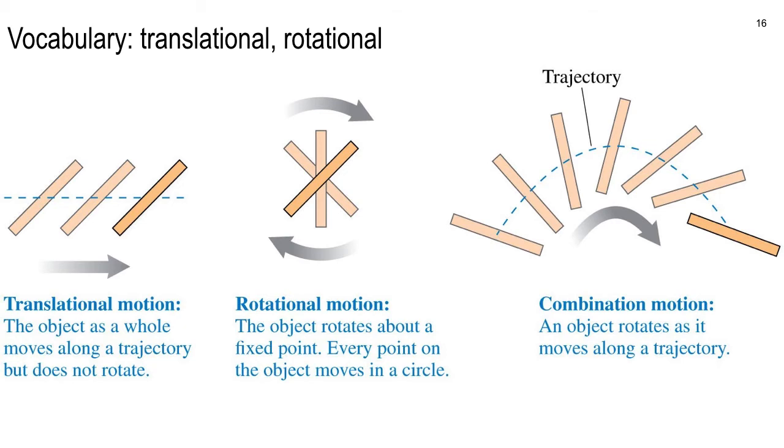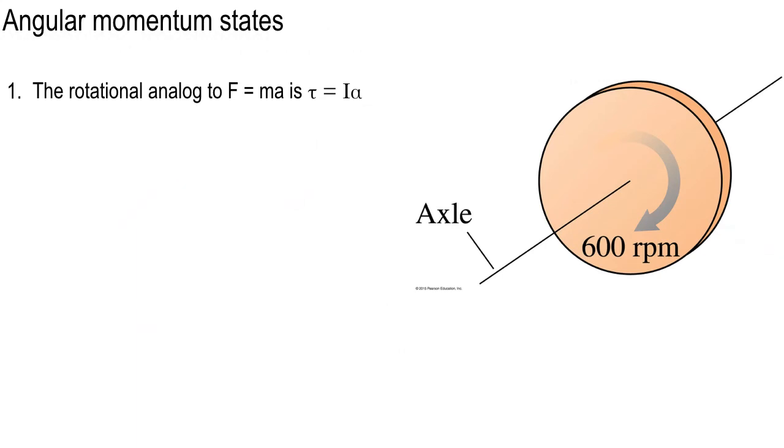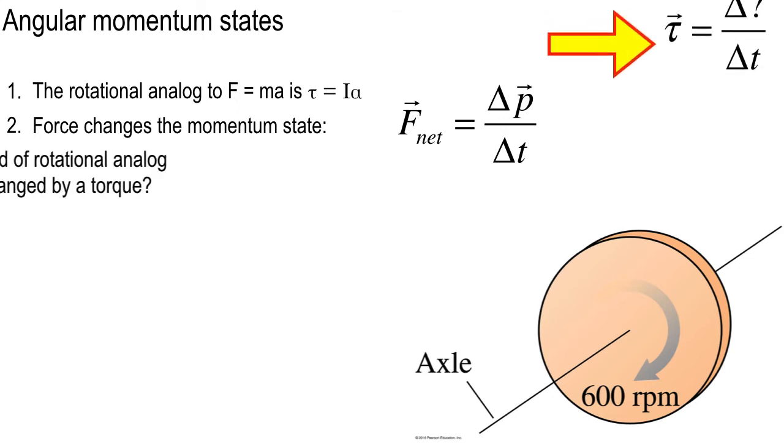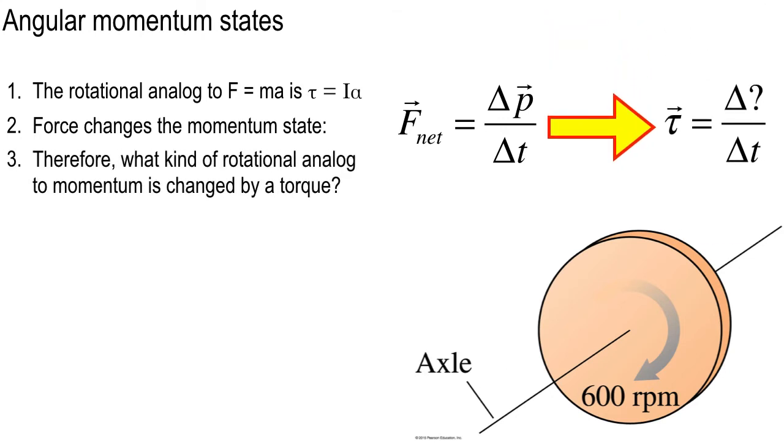Now, the very most important concept for us in this chapter, chapter 5, is angular momentum. And it turns out that angular momentum is another dynamical quantity that encodes the spin state of an object spatially, even though it might not be moving from point A to point B. It is subject to a torque, and the torque changes... There's a lot of delta P's from a force, but you might actually get a change in the angular momentum state.